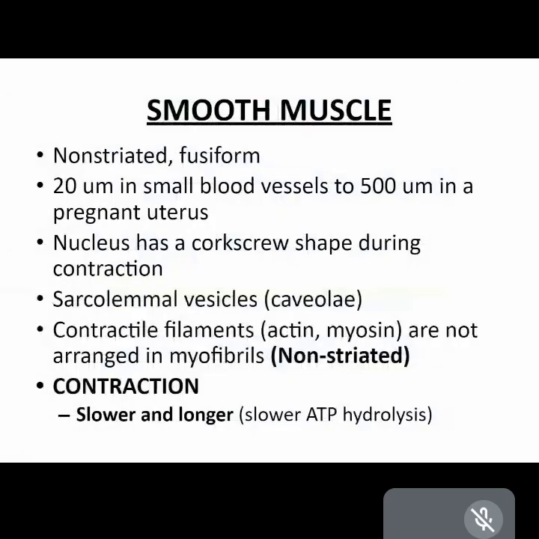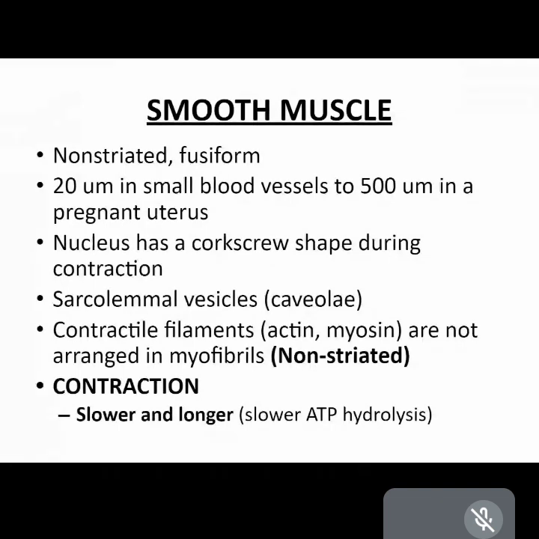Smooth muscle is non-striated. It is fusiform in shape, 20 micrometers in small blood vessels to 500 micrometers in a pregnant uterus. The nucleus has a corkscrew shape during contraction, and the sarcolemmal vesicles are called caveolae. The contractile filaments, actin and myosin, are not arranged in myofibrils because they are non-striated.